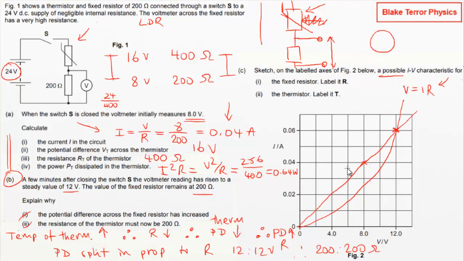As the gradient of this graph increases, because we've got I on the y-axis and V on the x-axis, and I over V is 1 over R, our resistance is dropping. So that's what's happening here.